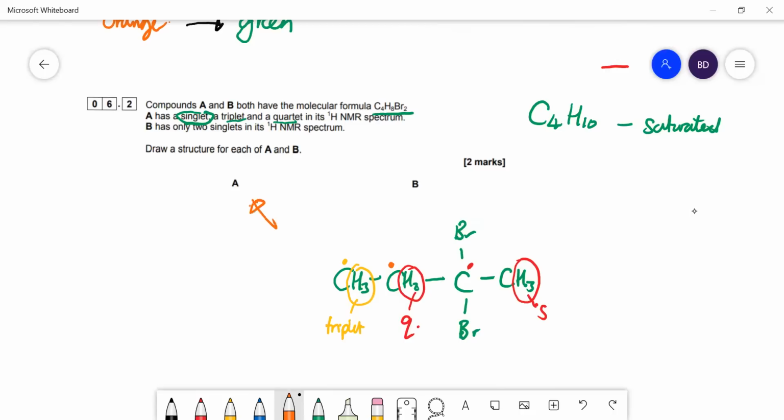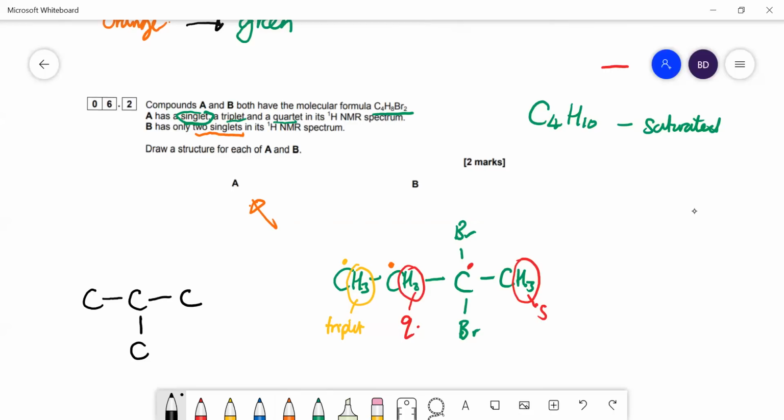Now we've got to think what B is. B's only got 2 singlets. Now that's not many for 8 hydrogens. Okay, so my gut instinct tells me B is probably branched. And the only branch you can have, of course, when you've got 4 carbons is like that. We've got to stick 2 bromines somewhere there, haven't we?